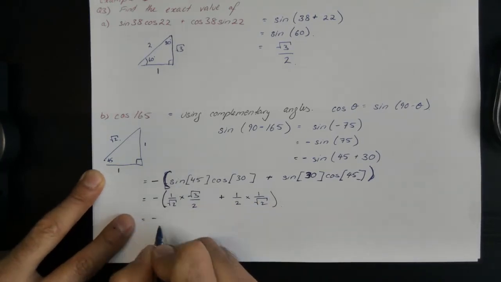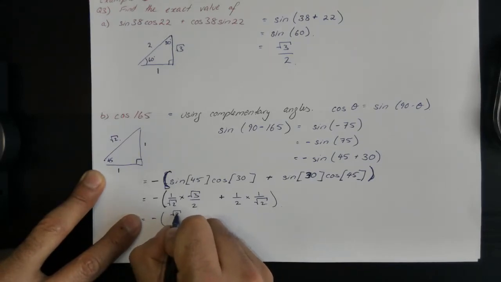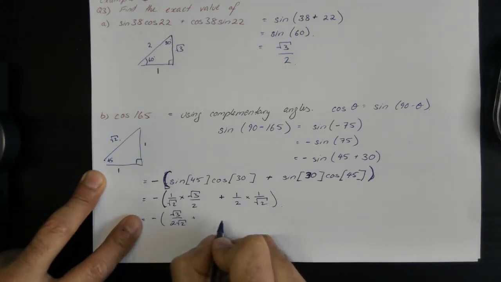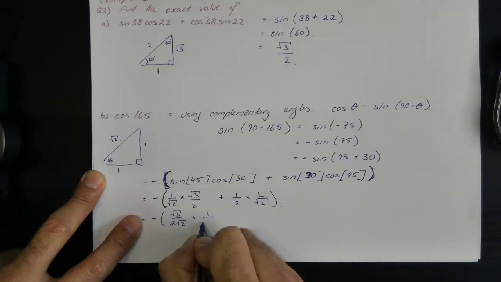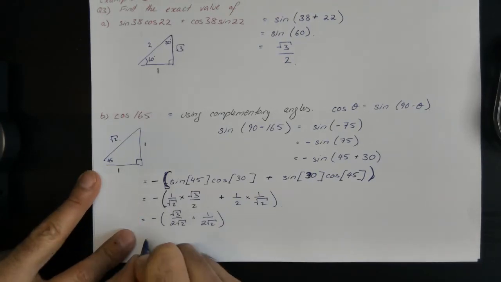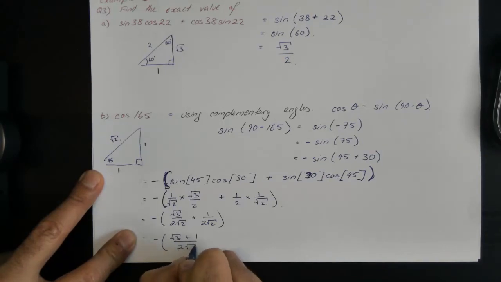So that's going to be square root 3 over 2 square root 2 plus 1 over 2 square root 2. So we get negative square root 3 plus 1 over 2 square root 2.